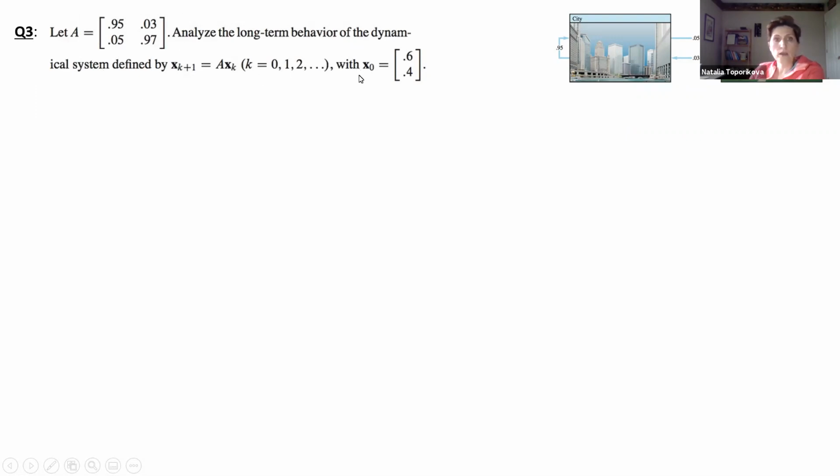We also started with what's called the initial conditions, or vector x0, which has the distribution of the population in the initial year, the year when we start the data collection.